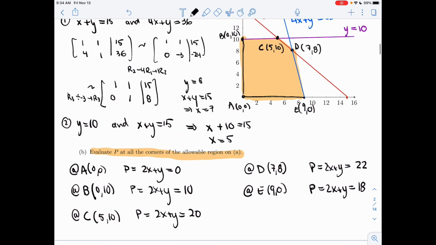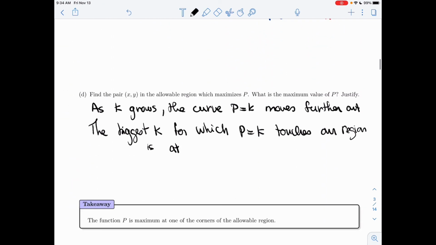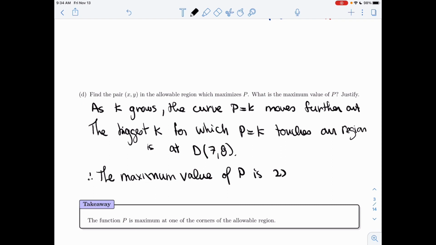Let's look back, that was D, 7, 8. And so the maximum value of p is 22 when x is 7 and y is 8.